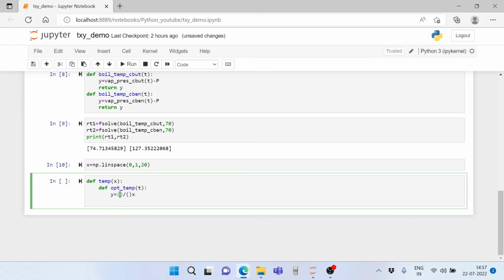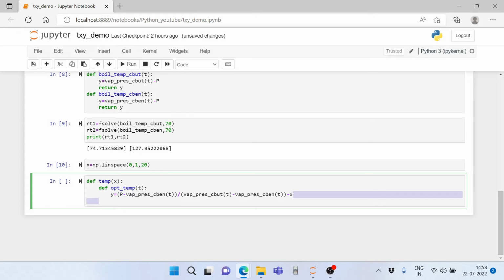So we are going to put it as P minus vapor pressure of chlorobenzene at T, and this is going to be the vapor pressure of chlorobutane at T minus the vapor pressure of chlorobenzene at T, and this is going to be minus of X. So when we optimize this function, we will get the temperature for the concentration of X that we have input.